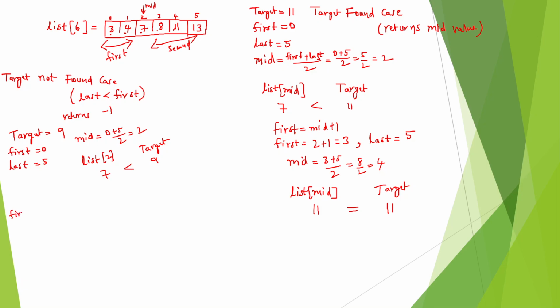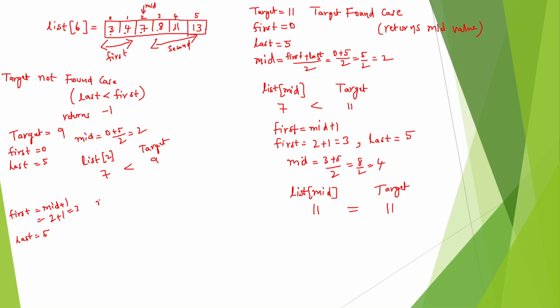First will become mid plus 1. First equals mid plus 1. What is mid now? Mid is 2 here, you can see. Don't go for the recent mid only. So 2 plus 1 is 3. Your first, just now we got 3. Last is unchanged. Last will remain 5 only.